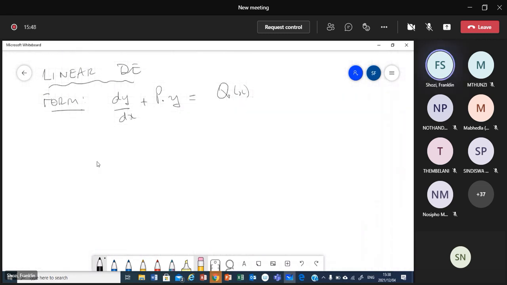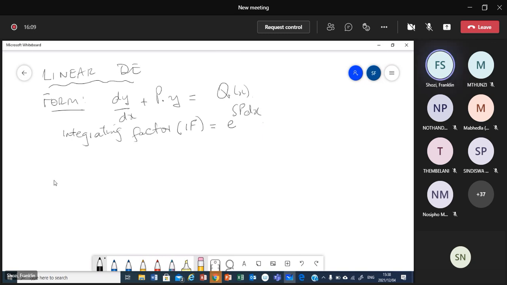Now, to solve, we first find an integrating factor, which I usually abbreviate as IF, which is given by e to the power of the integral of p dx.